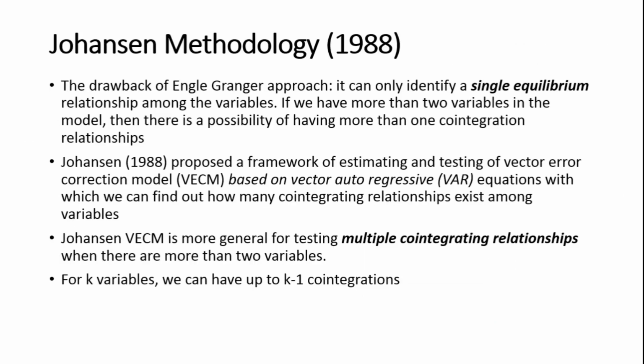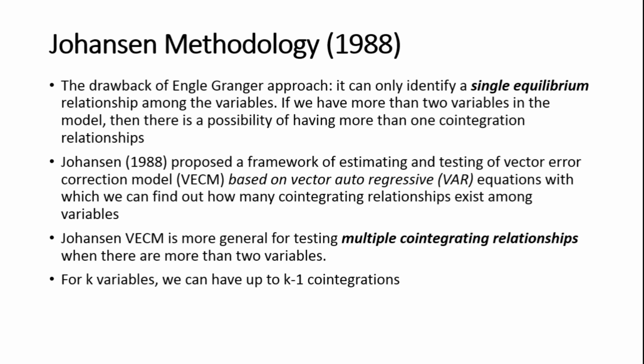The Johansen methodology has been around since 1988. So what is the drawback of the Engle and Granger approach? It can only identify a single equilibrium relationship among the variables. If we have more than two variables in the model, then there is a probability of having more than one cointegration relationship.